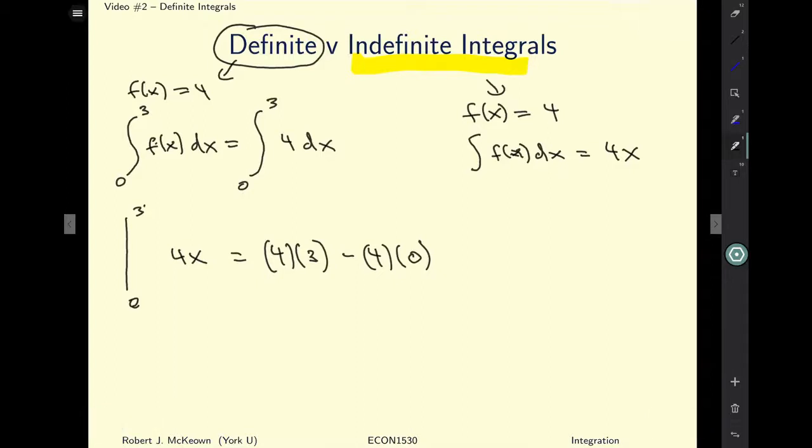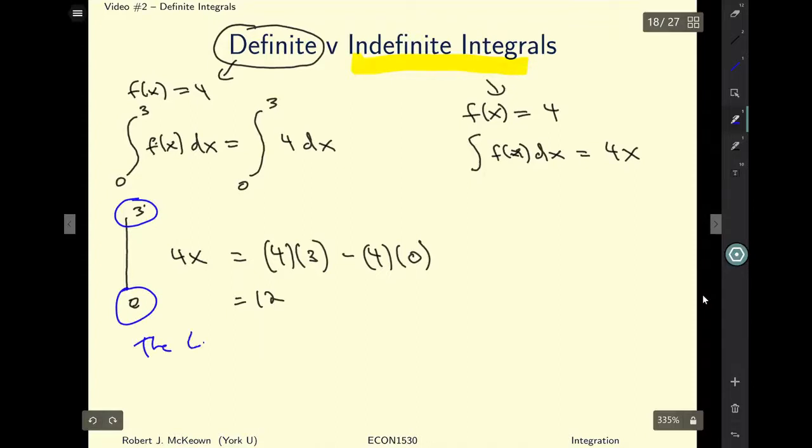And what do I get when I evaluate the integral of f of x from 0 to 3? I'm going to get the answer 12, which, if you think back to the first video, was the area under the curve when x was equal to 3 and f of x was equal to 4. And these numbers here are known as the limits of integration.